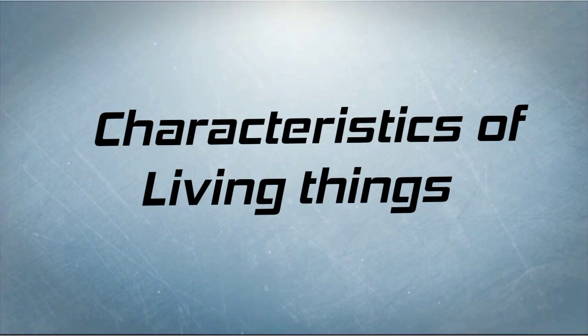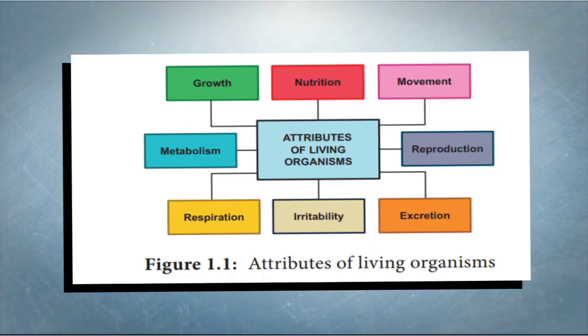We explained that living things have various characteristics, which include movement, respiration, nutrition, irritability, growth, excretion, reproduction, competition, adaptation, and death or lifespan. We gave differences between plants and animals.